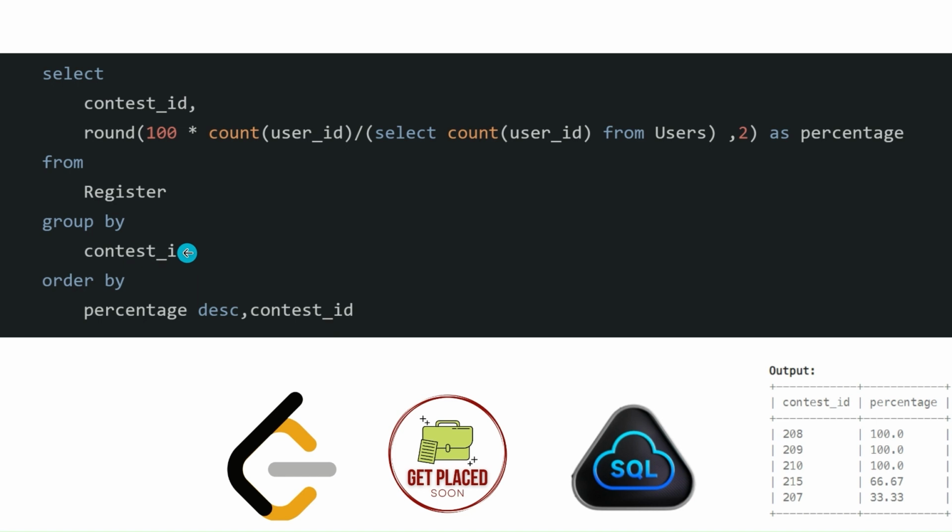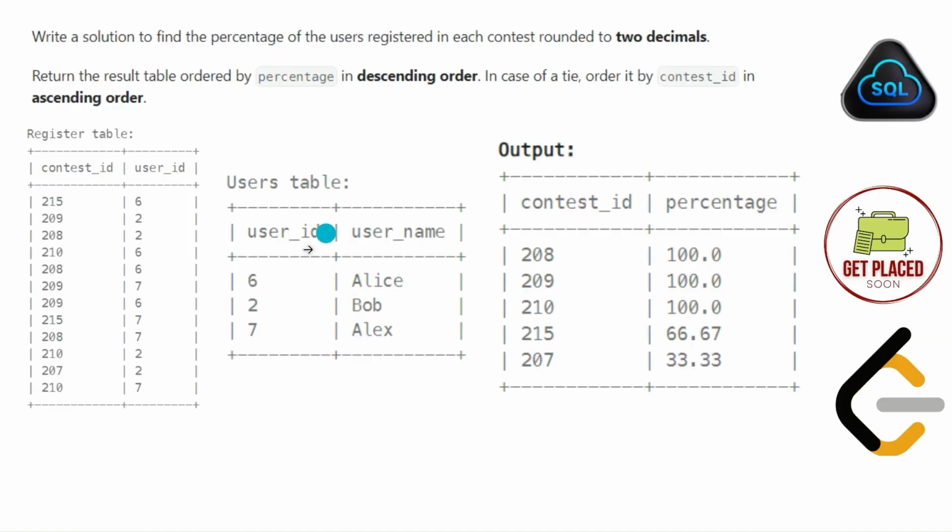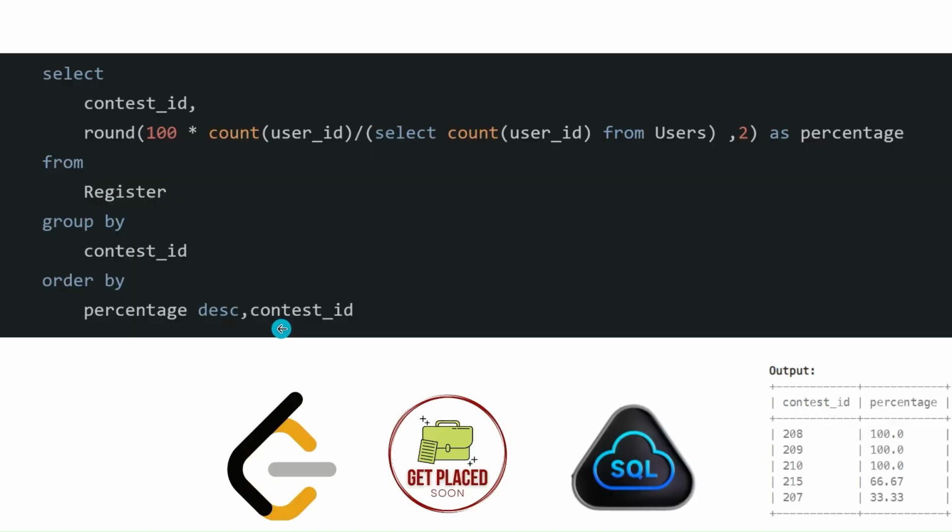So we have grouped the contest ID, and in the register table we are supposed to calculate the percentage, right? So what we are doing, we will be counting how many user IDs have registered. So count user ID divided by total number of users present, right, in the users table. So from this user table we will count how many users are there. You can see select count user ID from users.